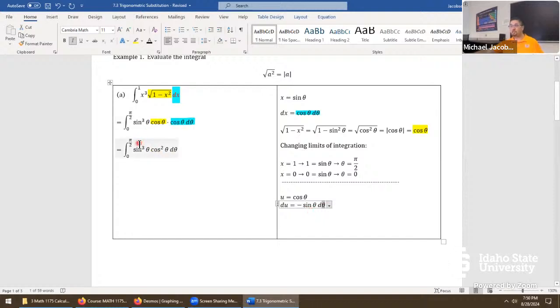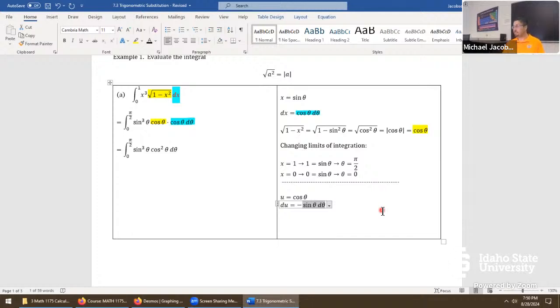The author would typically factor out a power right here, and then just work with this, solve for sine theta d theta. Let's leave it up to the class. How would you like to see it done? Kind of the author's way, or divided out sine theta? Either approach is equally valid. Any preferences one way or another? We'll go with the author's way.